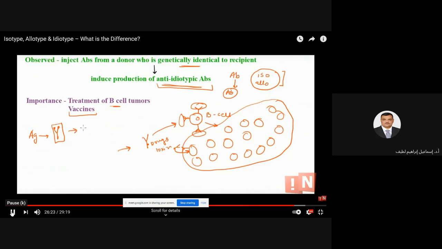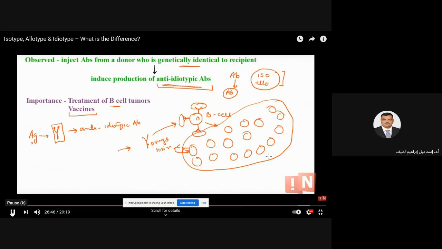And it is possible that you produce anti-idiotypic antibody in your body itself, right? I hope it makes sense. When you encounter an antigen which is absolutely new to your body, you're going to produce specific antibodies, specific idiotypes against that.